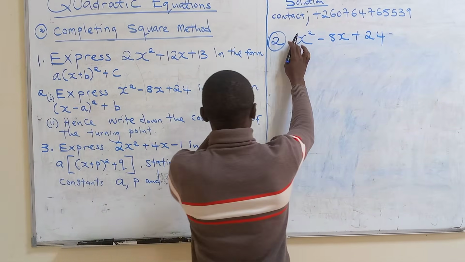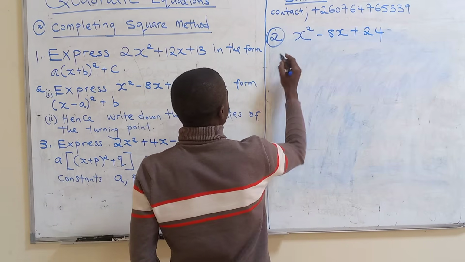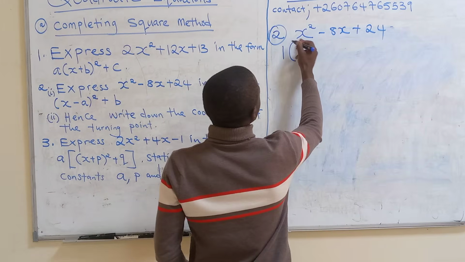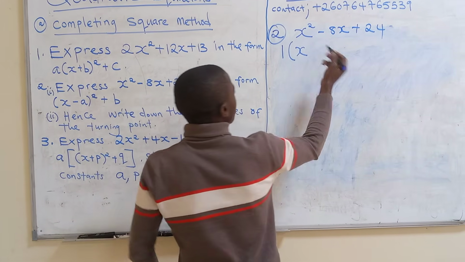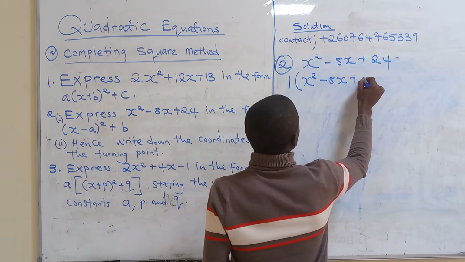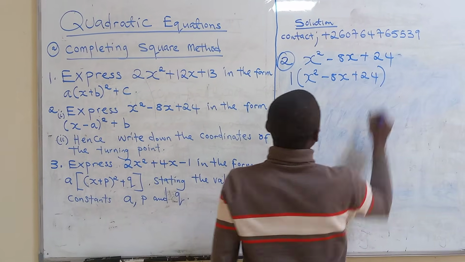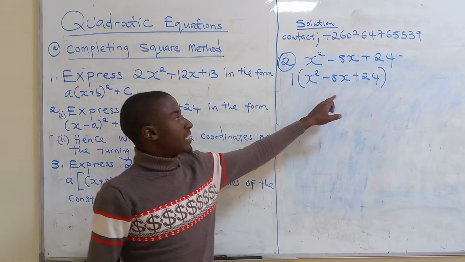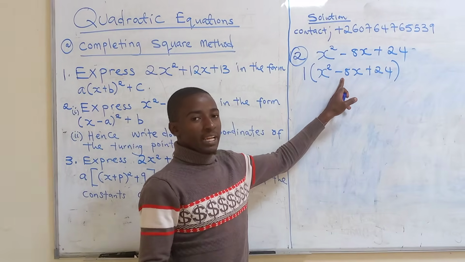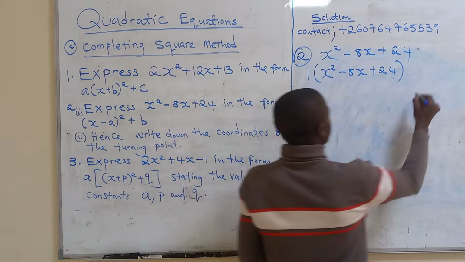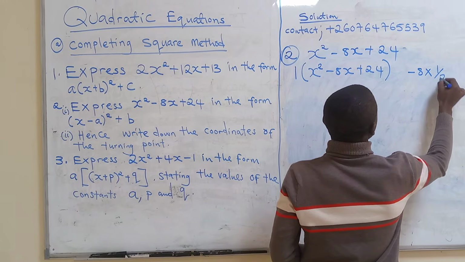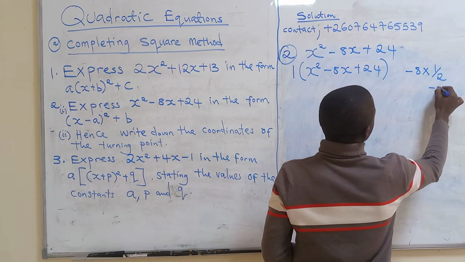In this case, the coefficient of x squared is 1. So 1 into everything there, I'm going to obtain the same thing, minus 8x plus 24. The second step is that you get the coefficient of x and multiply it by half. So that is negative 8 multiplied by 1 over 2, so you are getting negative 4.